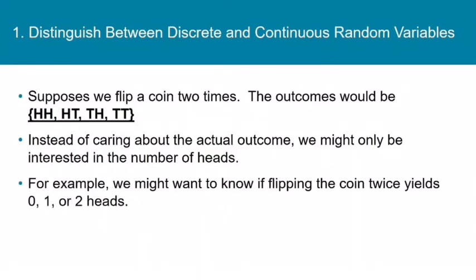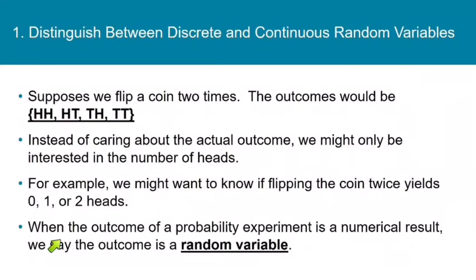For example, we might want to know if flipping the coin twice yields 0, 1, or 2 heads. So now we're not so concerned with the actual outcome as we are with the number of heads, and the results of our probability experiment are now numbers.